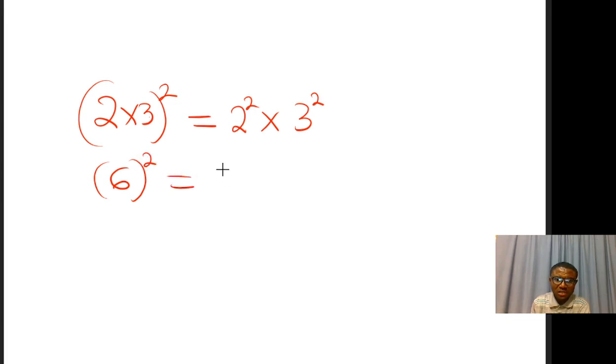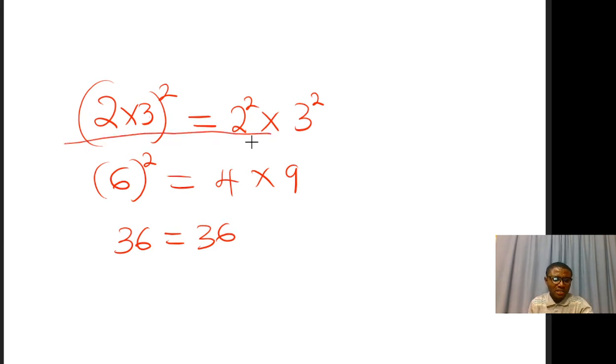Then 2 times 2 here is 4. 3 times 3 here is 9. 6 squared is 36, and 4 times 9 is 36. So it is only when we have a multiplication sign that it can be rewritten in this form.